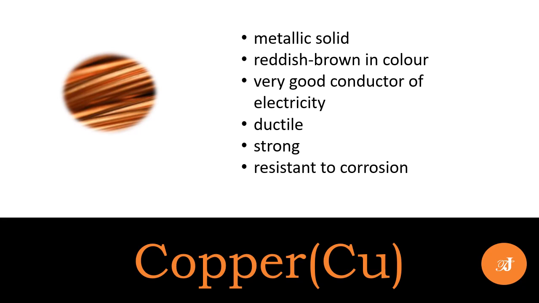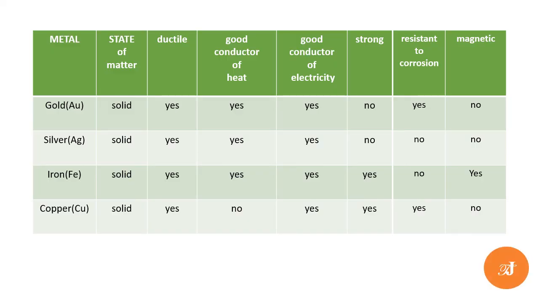Copper is a metallic solid, reddish brown in color, ductile, strong, and a very good conductor of electricity and is resistant to corrosion. Some common characteristics of metals are their state, mostly solid, their being ductile, and being a good conductor of electricity.